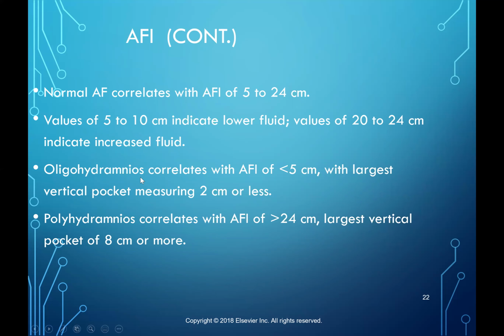Now, values from 5 to 10 centimeters indicate lower fluid, and values of 20 to 24 indicate increased fluid. If I had a mom that had a fluid index of like 5.2 at 30 weeks gestation, then I would note it.